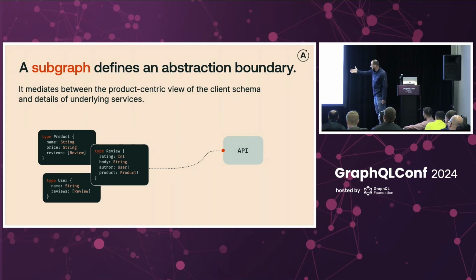In many cases, that might actually be a REST API, it might be a database, there might be computation going on. You can implement a subgraph in code using the resolver model that we're all familiar with, but that's not a requirement. There are many different approaches here. Subgraphs can have declarative mappings. They can connect to underlying systems in various ways.